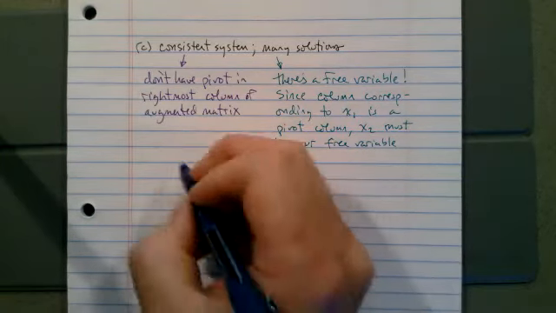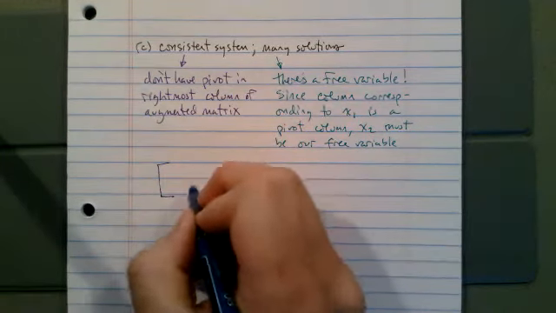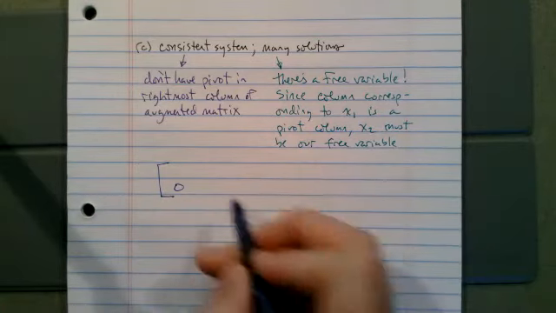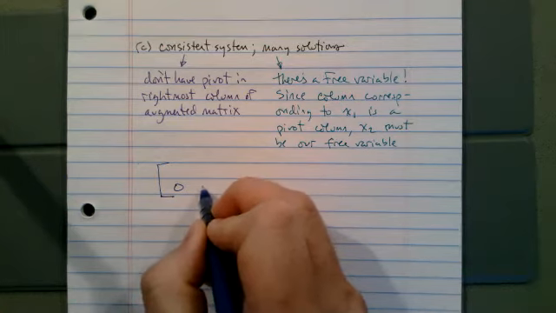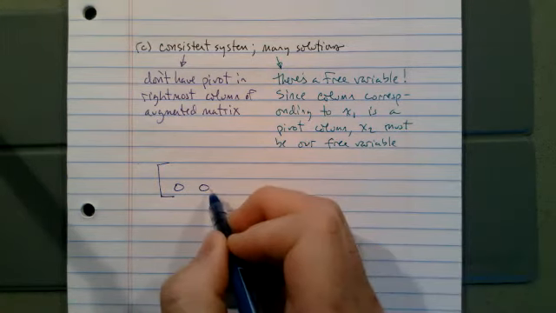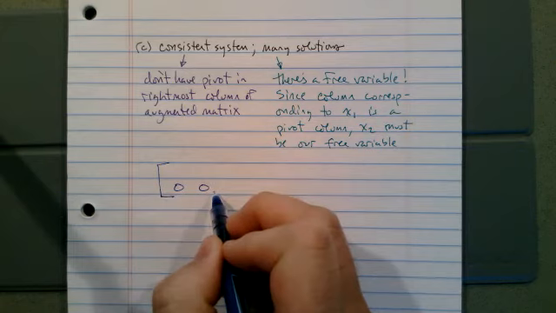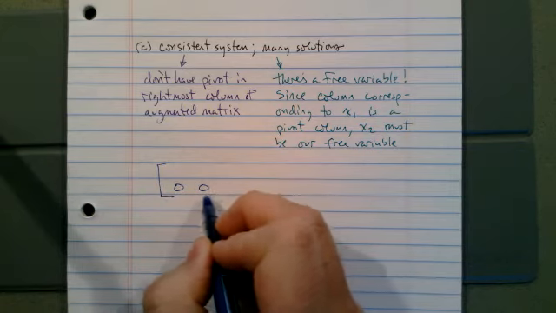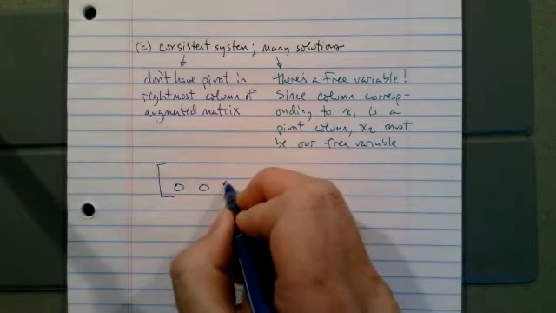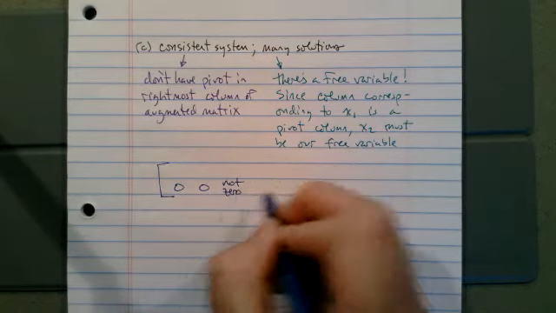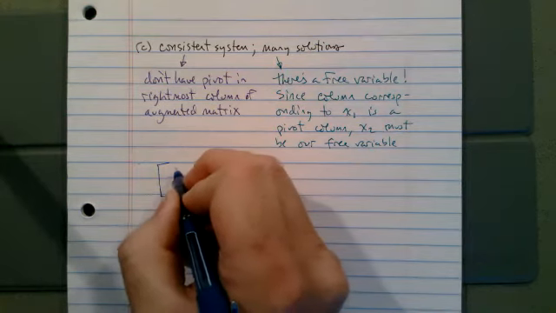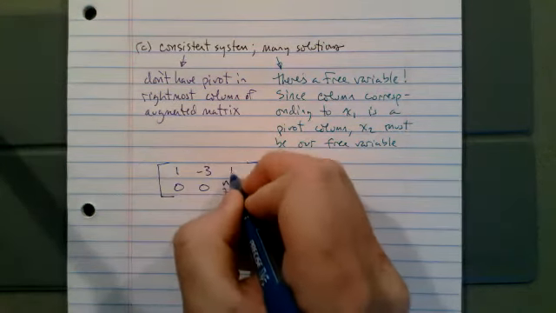So that means our augmented matrix has to look like this: the second row will have to start with a 0. The second column of the second row must also be a 0 because I don't want to pivot there, so that x2 can be a free variable. But if there's a 0 here, we have to make sure that we have not 0 in the rightmost column. The first row is still 1, -3, 1.